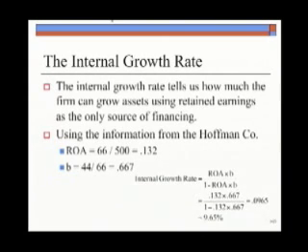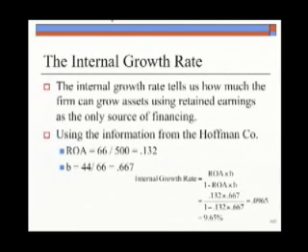And the formula for the internal growth rate, and there is a problem in your book that discusses the derivation of this formula, I'm not going to go through the derivation now, is the return on assets times the plowback ratio, B is called the plowback ratio, divided by 1 minus return on assets times plowback. You can see in the case of Hoffman Company, the example we've been using, it is 9.65%. If we grow faster than 9.65%, retained earnings will not be sufficient to provide external funds.